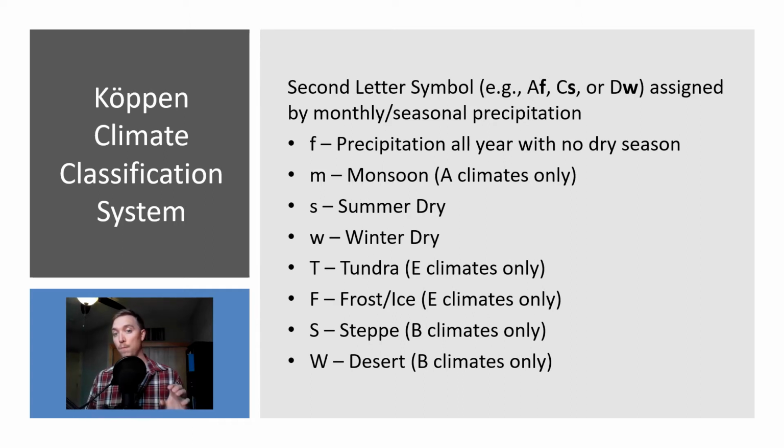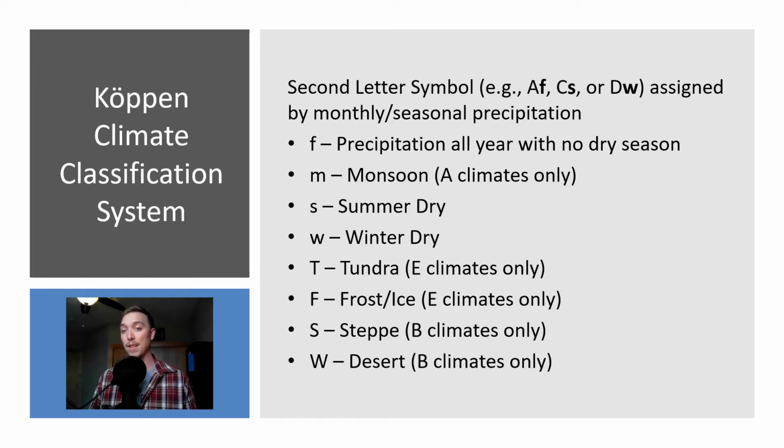So if you have an A climate, you'll want to see figure 2, but for C and D climates, if every month receives at least 30 millimeters of precipitation, you have an F climate. Monsoon, or M, is only in A climates with very short dry seasons. And if you have one of these, or if you think you do, see figure 2.